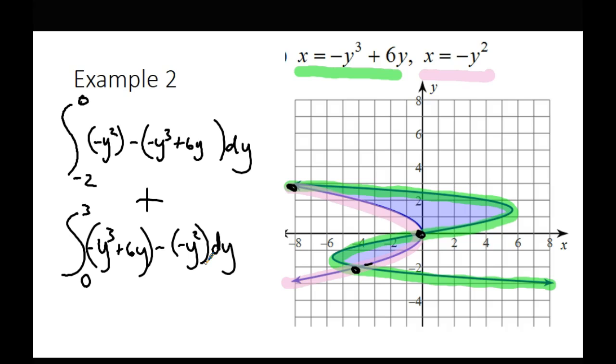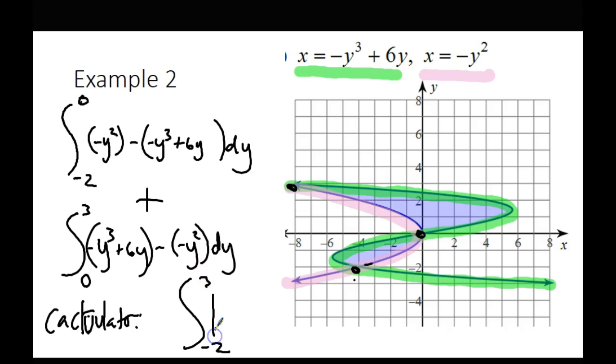Okay? But on a calculator, we don't really need to break this up, right? We can do it all at once. If I'm going to use a calculator, we could do it all at once. We can go from what to what? From -2 all the way down here at the bottom, all the way up here to the top at 3.